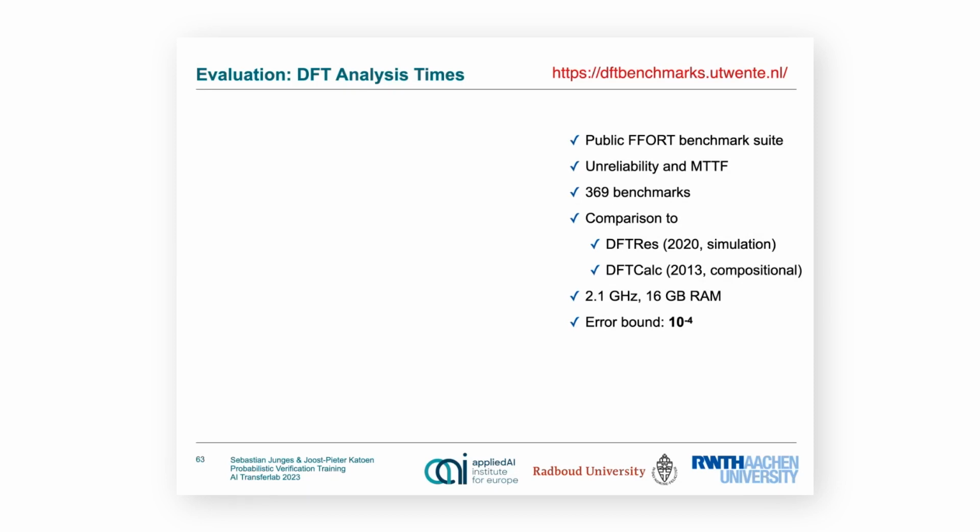One tool does simulation, and that tool is in particular good if there are what are called rare events. That means events that happen with a very, very low probability. That's what the name RES stands for: rare event simulation. And then there was a tool developed in 2013 that uses a compositional technique to generate state spaces. And that's what we compete with.